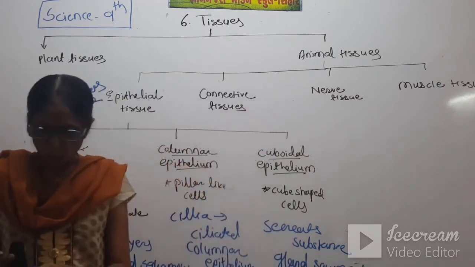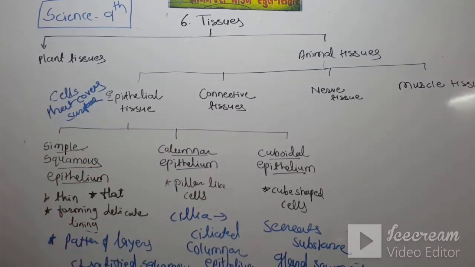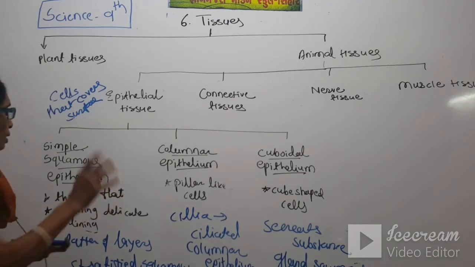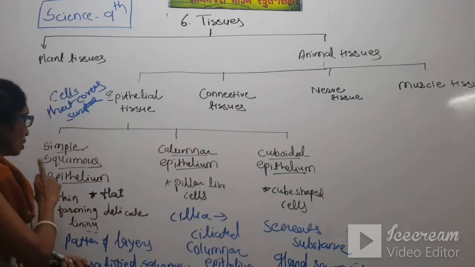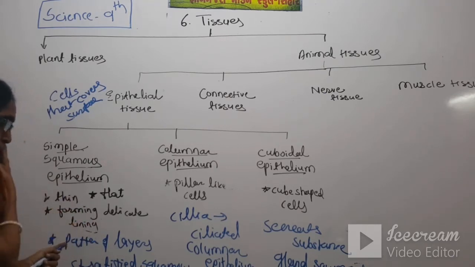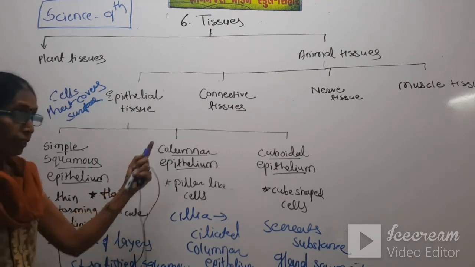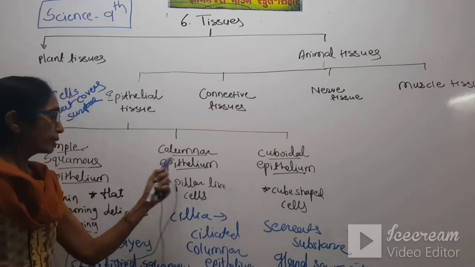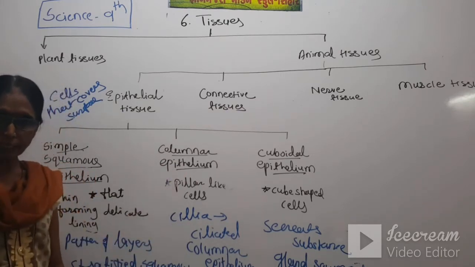So students, see, main three types: simple squamous, columnar and cuboidal. Simple squamous epithelium is thin, flat, forming a delicate lining. But if a pattern of layers is there, it is called stratified squamous epithelium. If only columns are there, they are called columnar epithelium, meaning pillar-like structure.